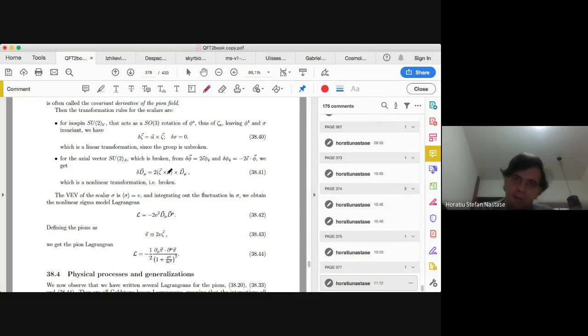So 2 zeta cross epsilon, everything cross D_μ vector. So this is now obviously nonlinear. D_μ itself is nonlinear. You might say, well, if I consider D_μ vector as a field, then if I had just D_μ, this would be a linear transformation, but I still have zeta, so that's then a nonlinear transformation.